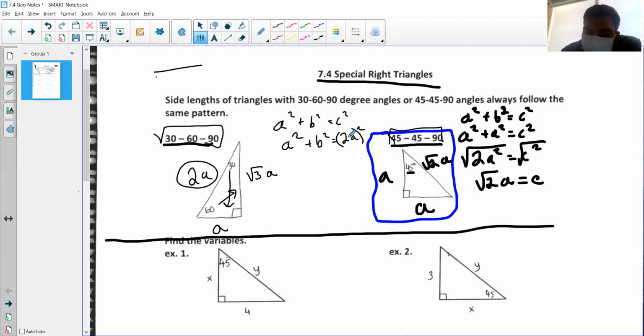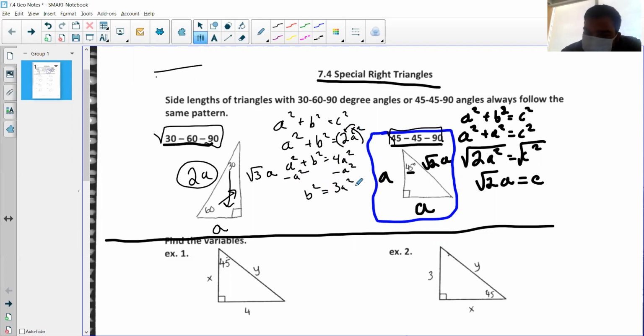On the right, I could do the math here. So it's A squared plus B squared equals, distribute the square to everything, 4A squared. If I subtract the A squared on both sides, because we have two variables here, I'm going to get B squared equals 3A squared.